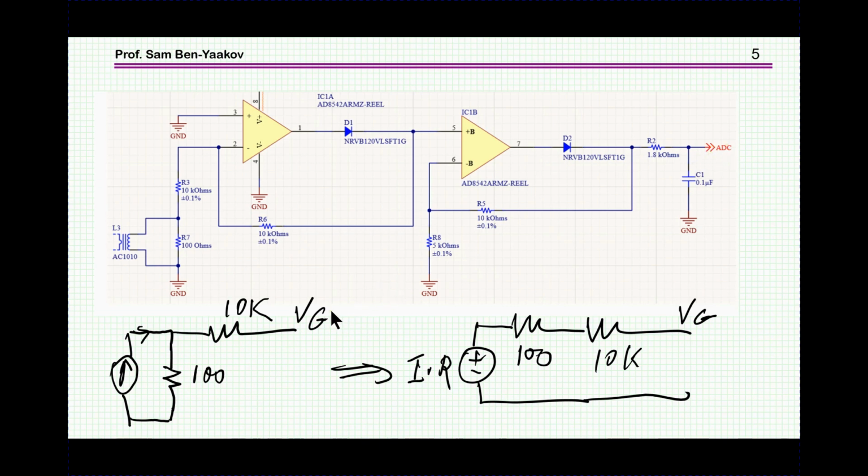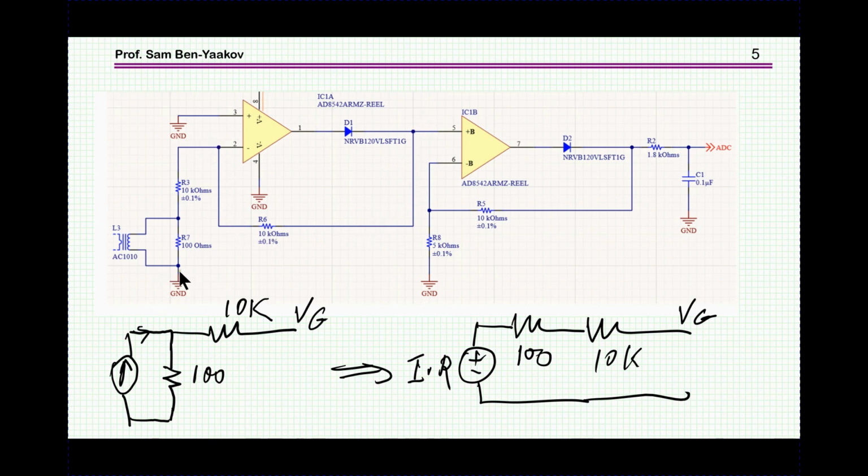Now, as I've discussed in the first part of the answer, for the negative part of the cycle, this is an inverting amplifier.